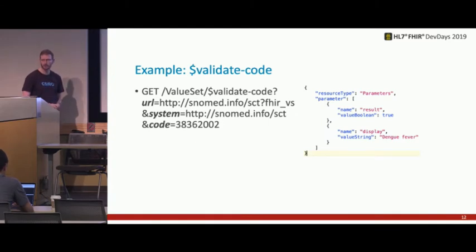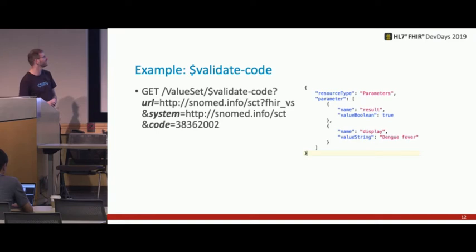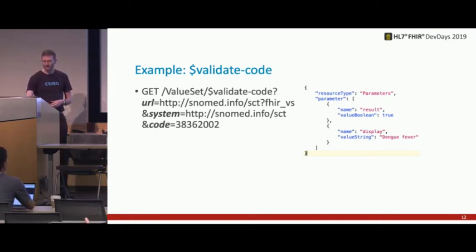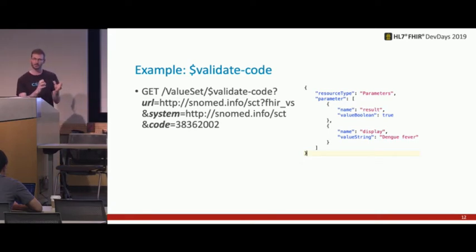So here's an example. This is a SNOMED example. I'm saying validate code, and I'm going to give it the URL of all of the concepts in SNOMED, so that's http://snomed.info/sct?fhir_vs. And then to tell it the code, I need to tell it a pair of a system and a code. This is a pattern that's repeated all over FHIR. When you're using a code and it's not somewhere where you know a priori what the code system is going to be, you typically have to pass around both the URL of the code system and the code itself as a pair.